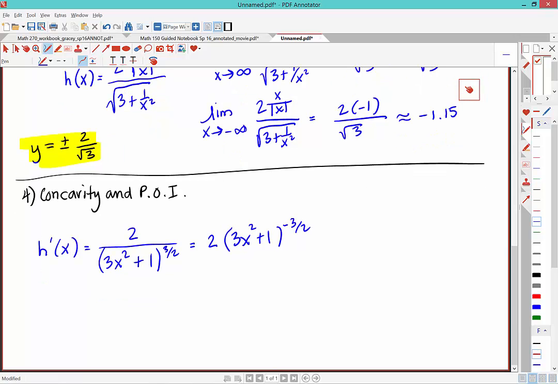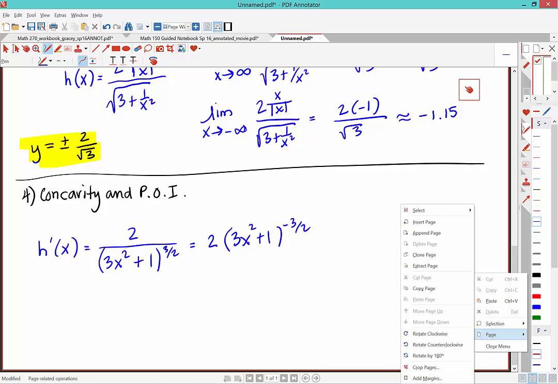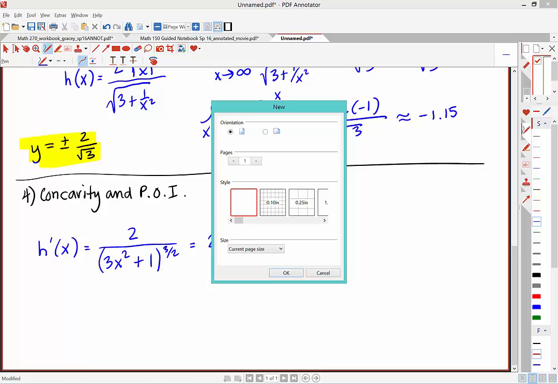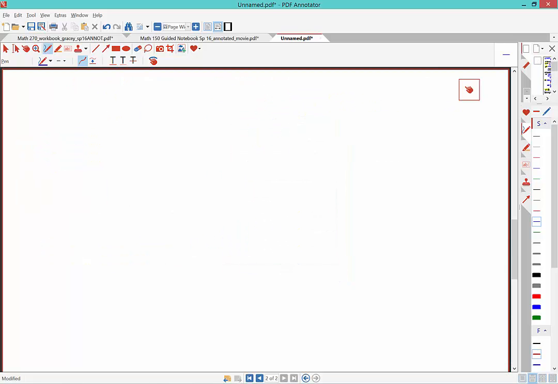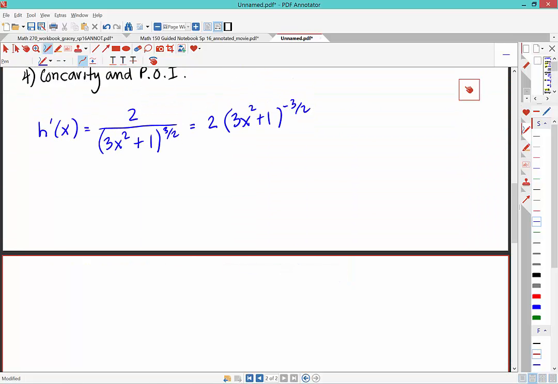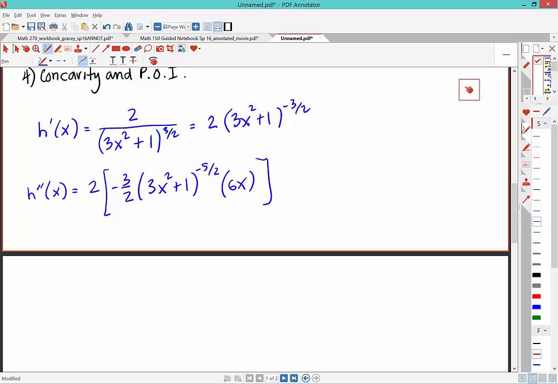And so h double prime of x will be equal to 2 times negative 3 halves times 3x squared plus 1 to the negative 5 halves times 6x, using the chain rule.